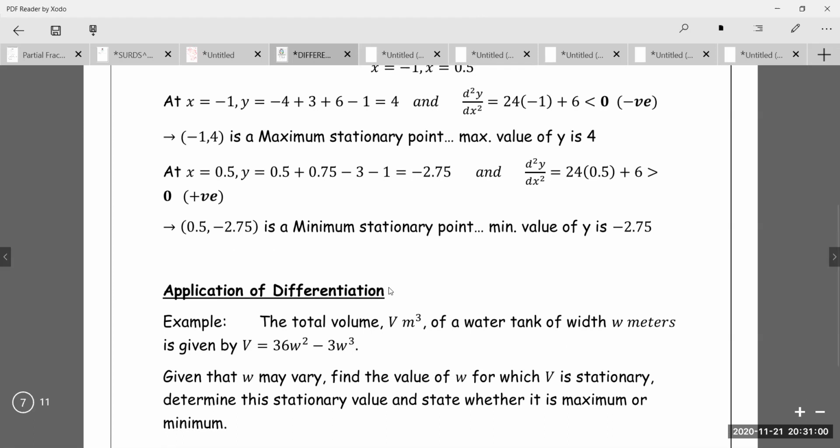I remember when I was doing add math, when add math had just started and it had SBAs. My SBA was to use differentiation to come up with, imagine the track and field coach wanted to implement a water system in school.